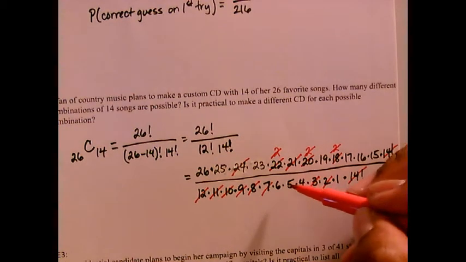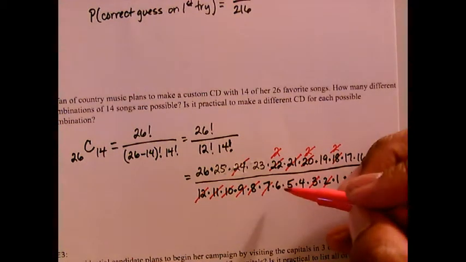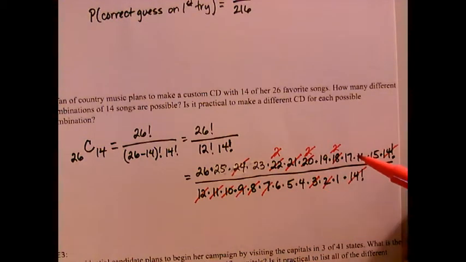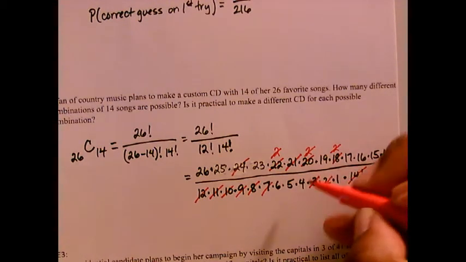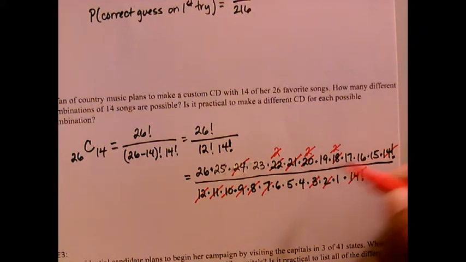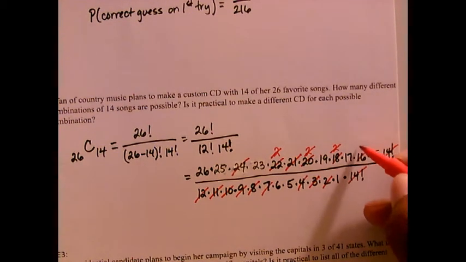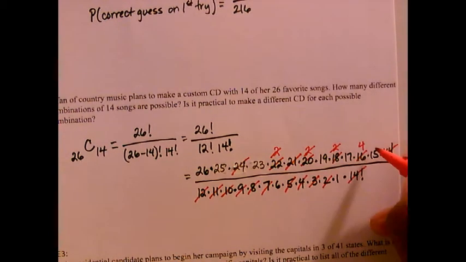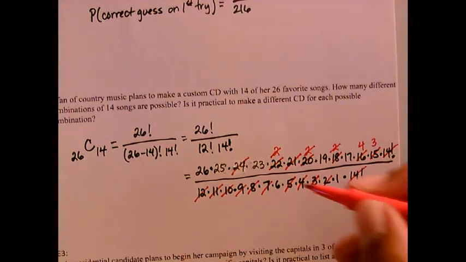And let's see, 6, well, this 4 goes into this 16 4 times. And I know 6 times 5 will give me 30. But let's do this. 5 goes into this 15 3 times.